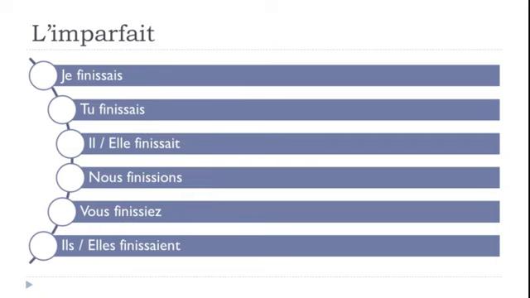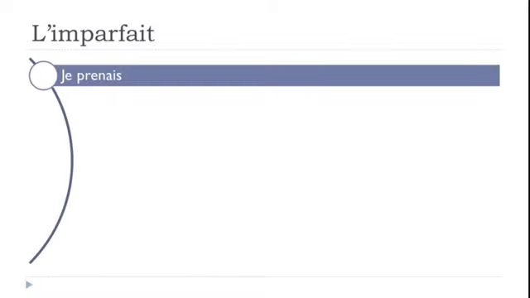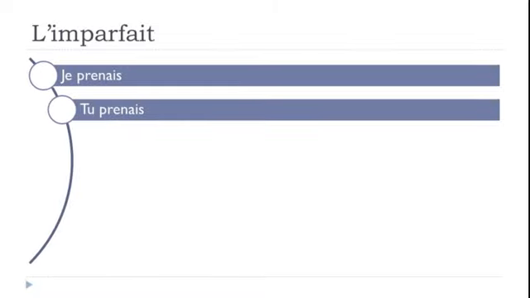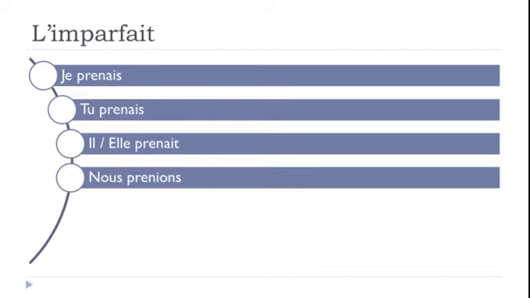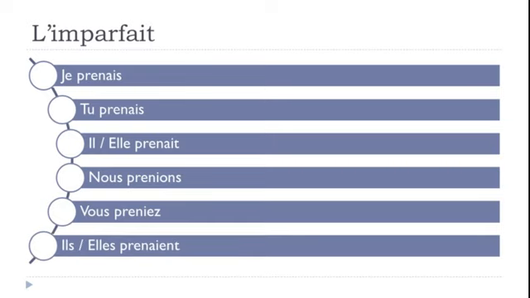All right? And the last verb we had was to take, prendre. Je prenais, tu prenais, il prenait, elle prenait, nous prenions, vous preniez, ils prenaient, elles prenaient. Okay? So remember that in that case you will have to really pronounce the prenait. Same thing here, final S not pronounced.